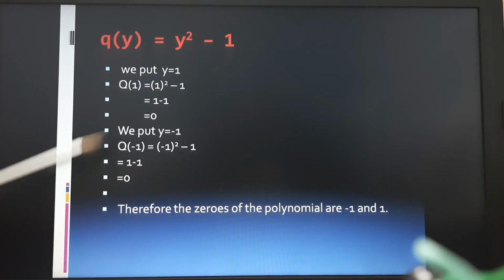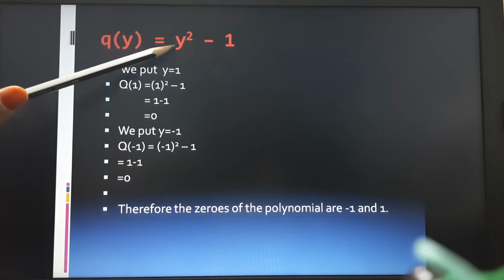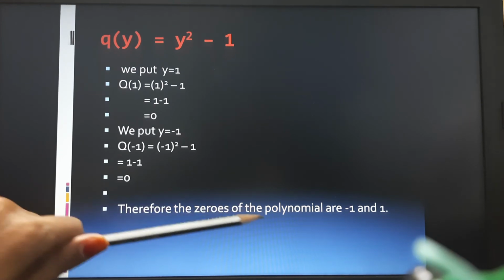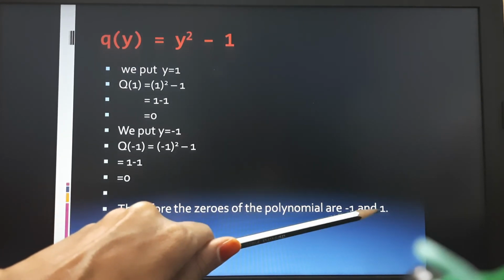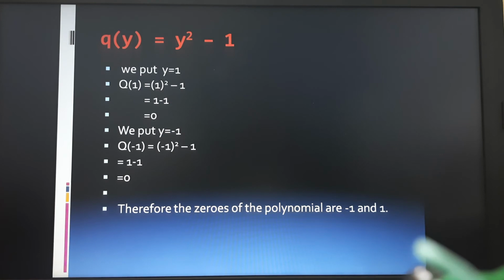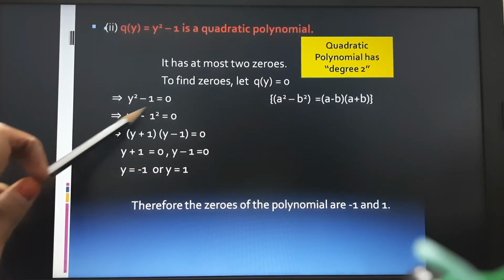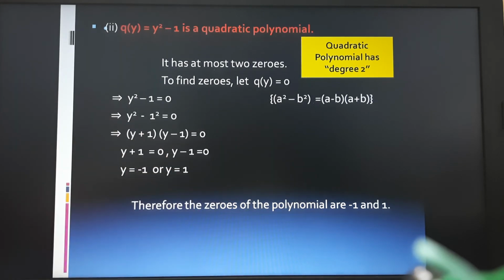So we can say that 1 and minus 1 are zeros of the polynomial y square minus 1. Therefore the zeros of the polynomial are minus 1 and 1, right? What we have done is just equate this polynomial to 0, right?